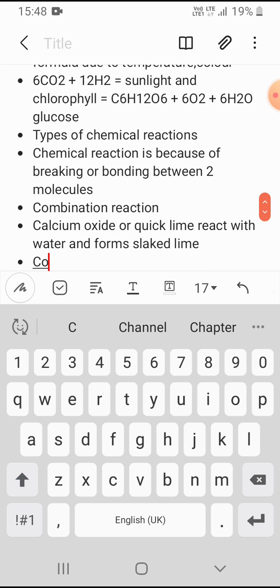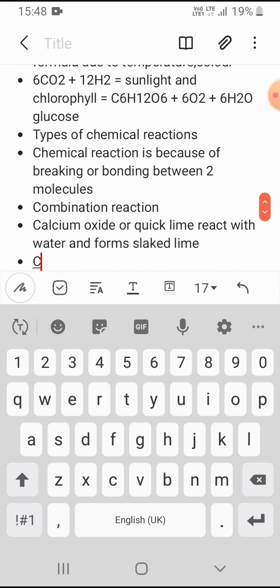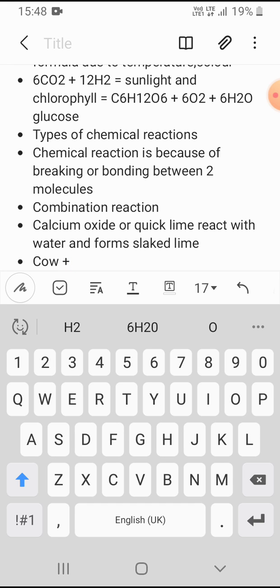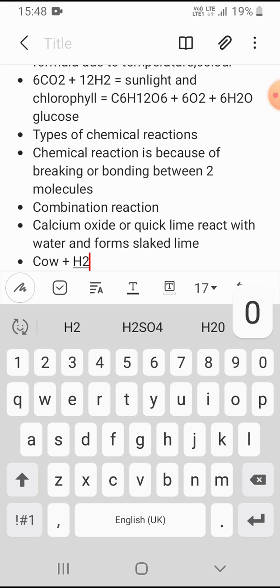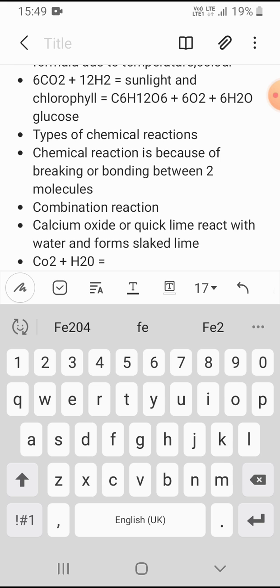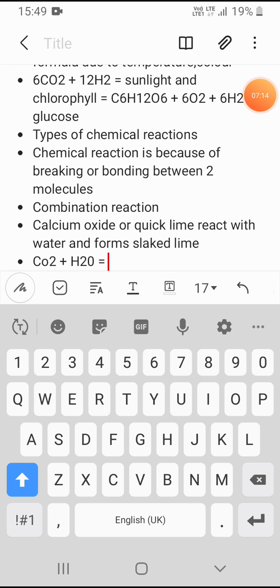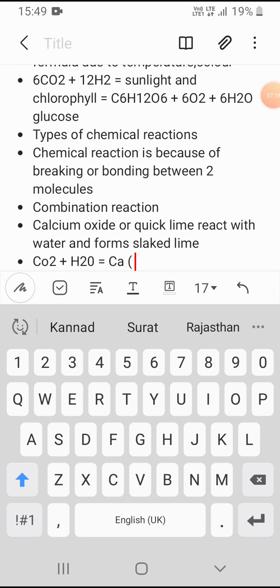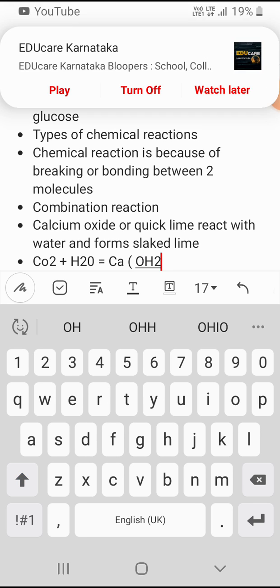CaO plus H2O gives the product Ca(OH)2, Ca with OH in brackets, 2.